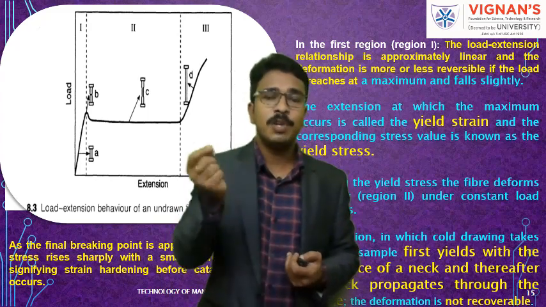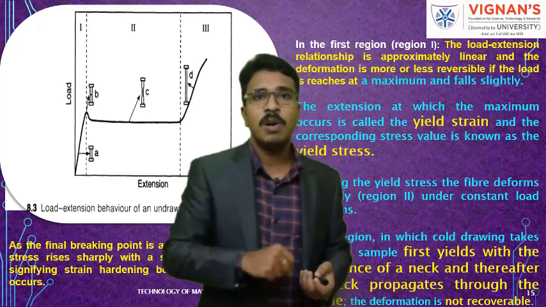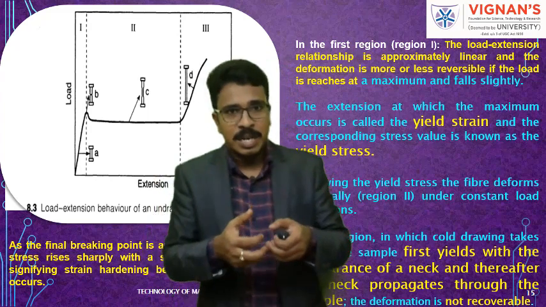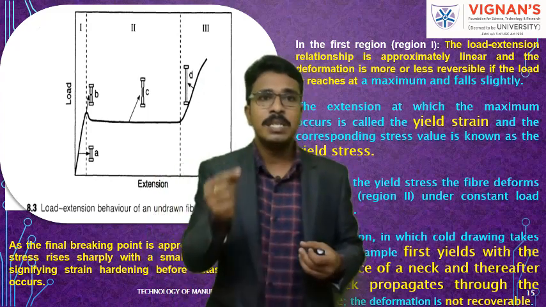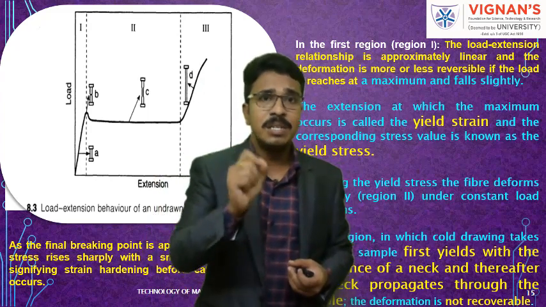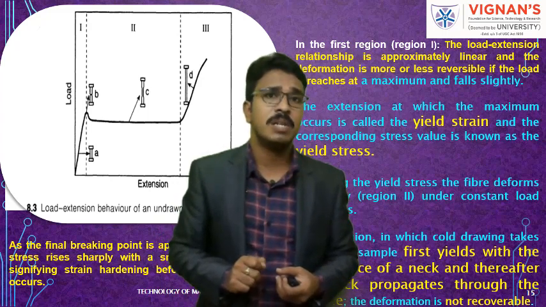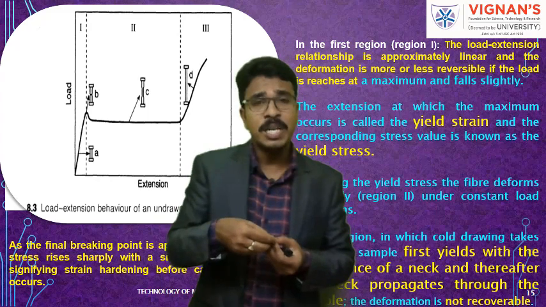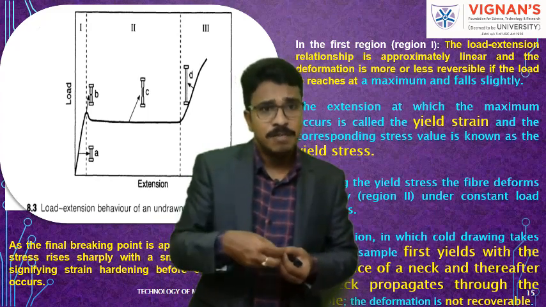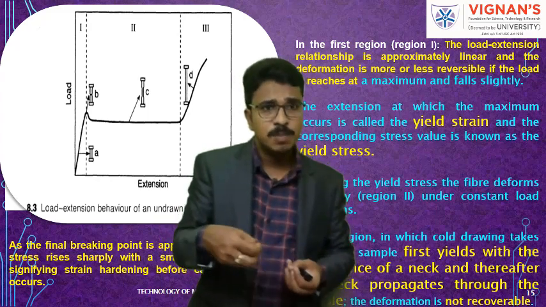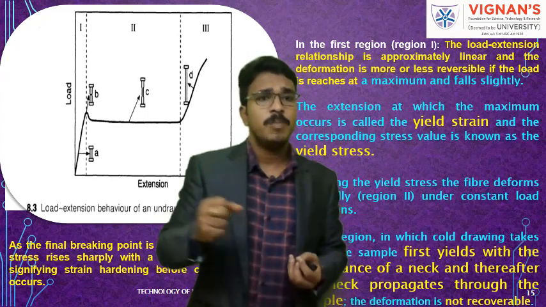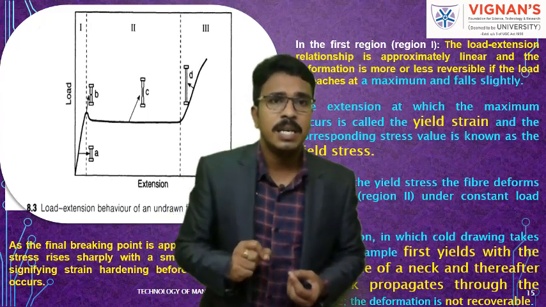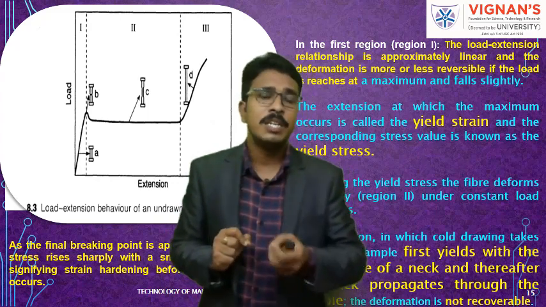At this point, if you remove the load, the filament will not come to its original state. And once the necking is propagating, you can observe in the second region, C, how the filament is stretching, the stretch is propagating. And finally, look at the symbol D in region 3.